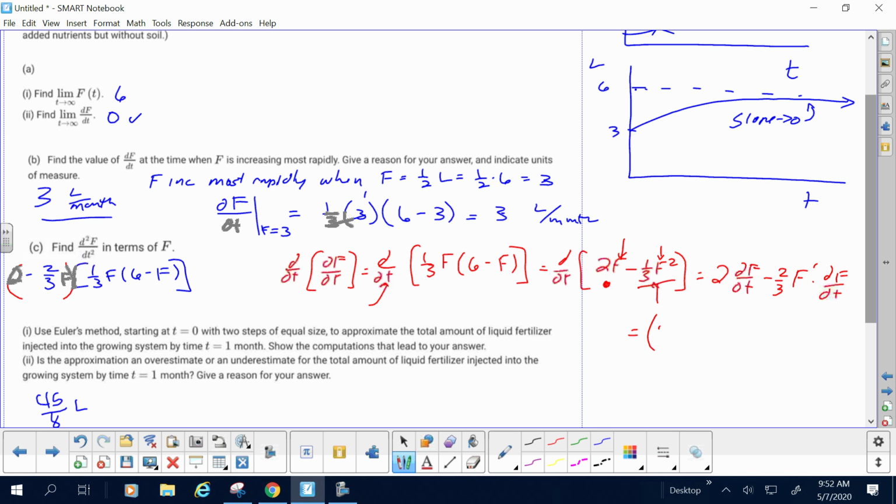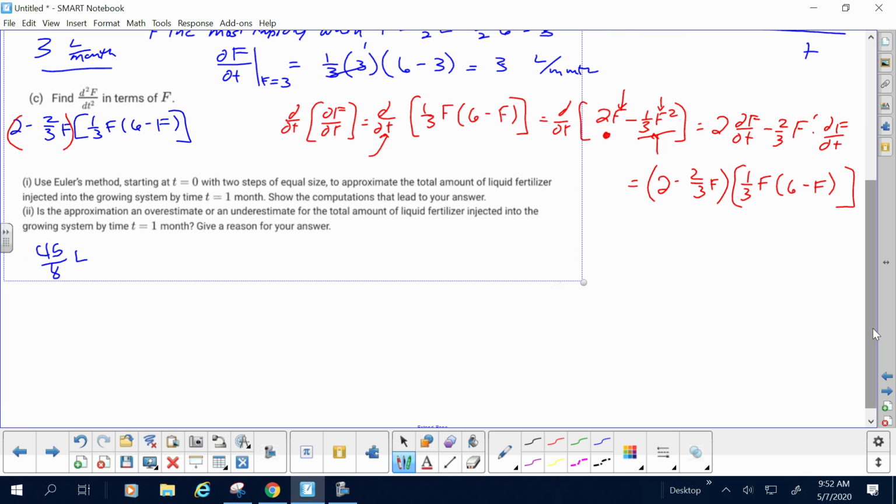So let's call that 2 minus 2/3 f, and df/dt gets factored out, and they say in terms of f. So I can't leave df/dt in there. I have to put in what f is equivalent to, and that's where I'm coming from with this 1/3 f times 6 minus f. Whatever that is. And I didn't clean it up. I don't need to find the concavity at a certain point, so why not just leave it?